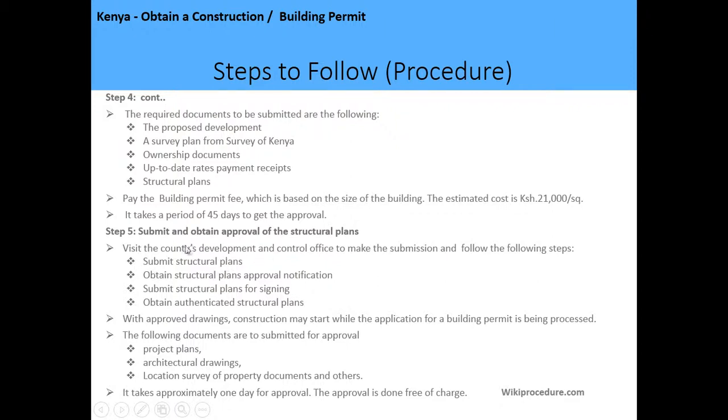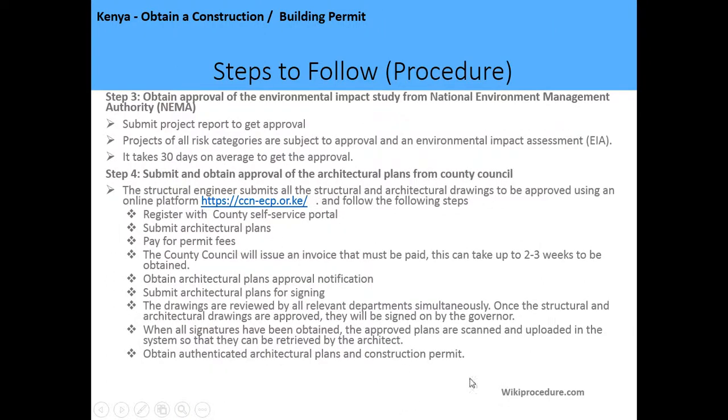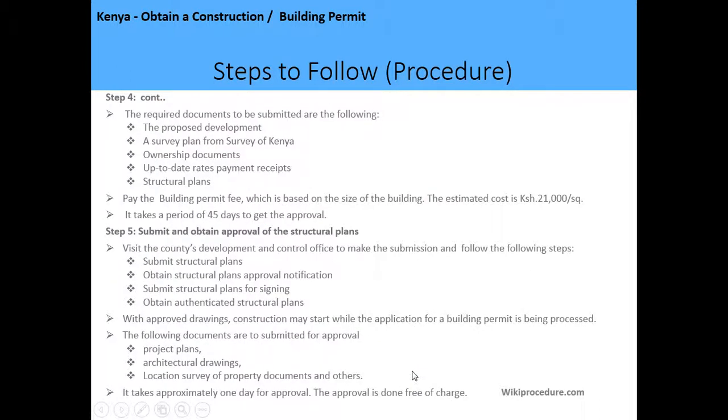You're supposed to submit the structural plans, which will be uploaded in your online portal account, which have been authenticated by the governor. And after submitting, you are going to be given a structural plans approval notification, and after that submit the structural plans for signing. And after they have been signed, you'll be given authenticated structural plans.